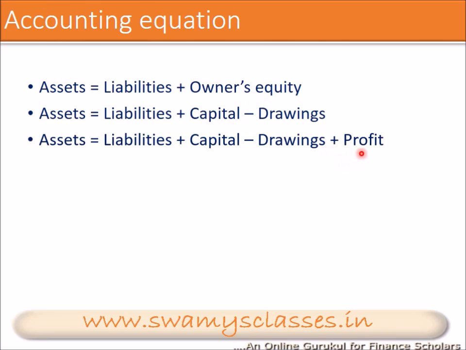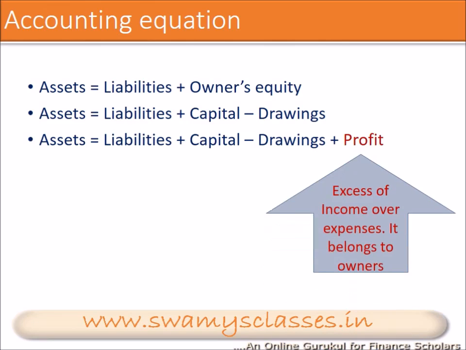That is why profit is added with this capital minus drawings. In case of loss, this will be deducted from capital minus drawings. So let us define the profit now. We have already seen it in the previous modules. Excess of income over expenses, and it belongs to owners.